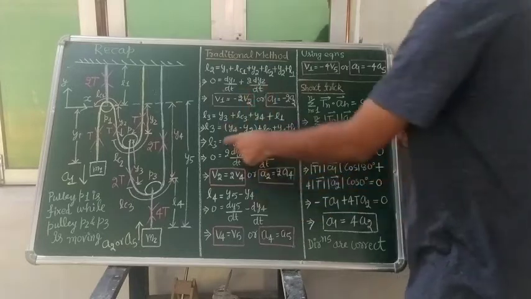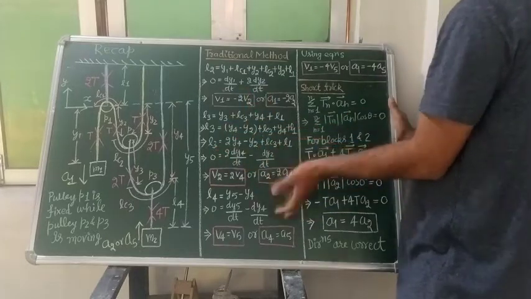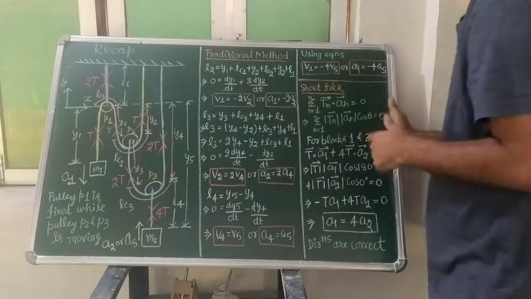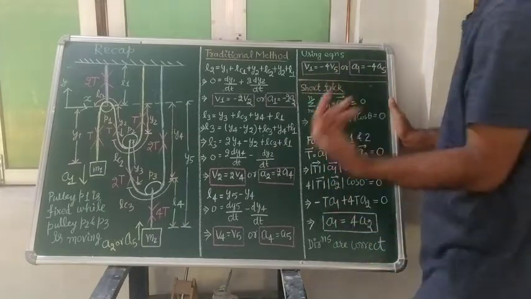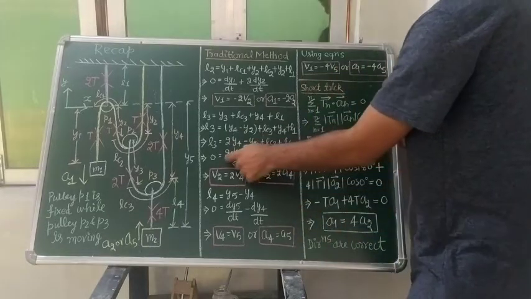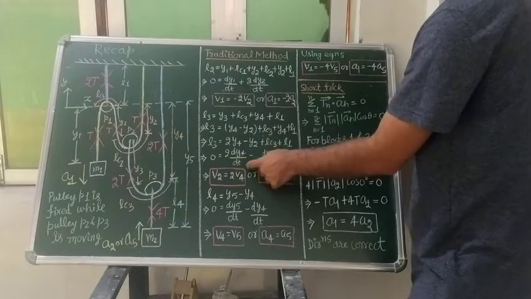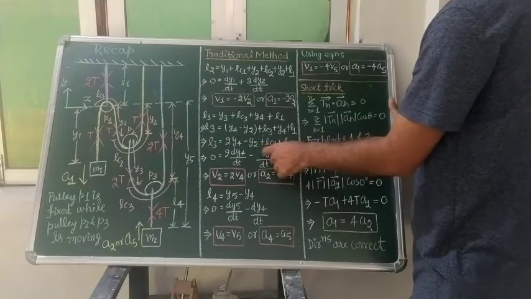So when we differentiate, L3, LC3 and L1 will become equal to 0, because the differentiation of a constant is 0.